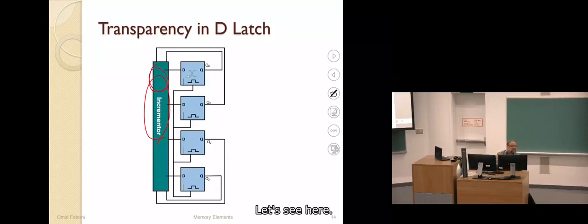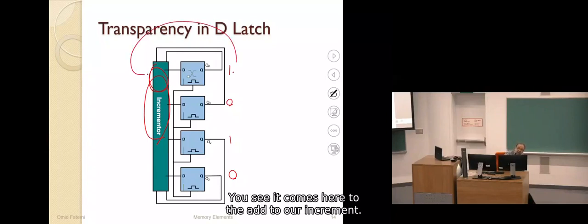Why? Let's see. Here we had, for example, 5. 5 is 0, 1, 0, 1. This goes here to the adder, to our incrementer. So the input value of the incrementer is 5.